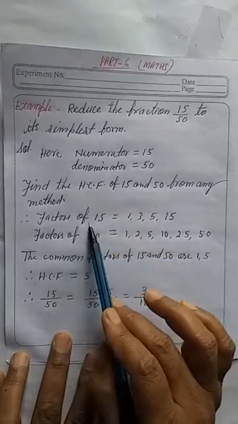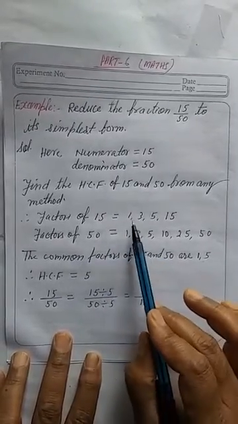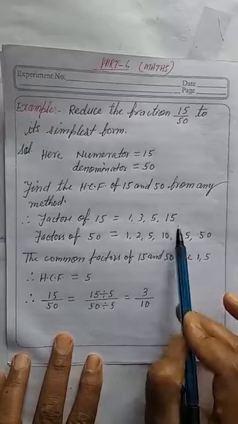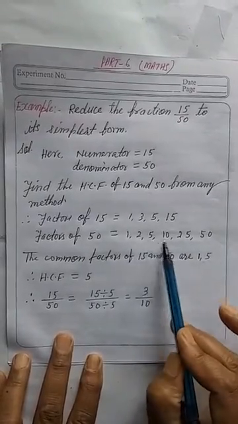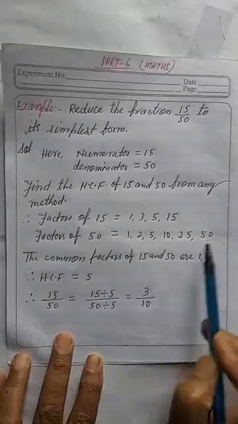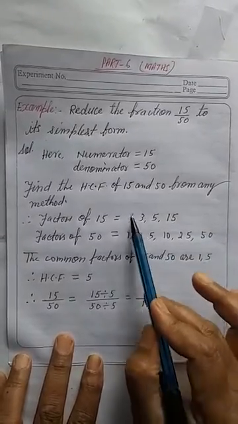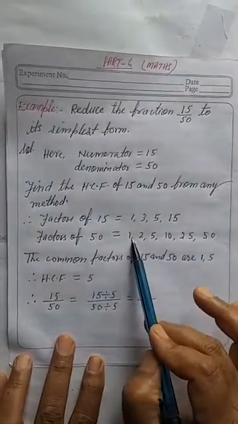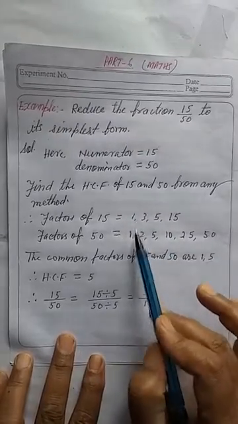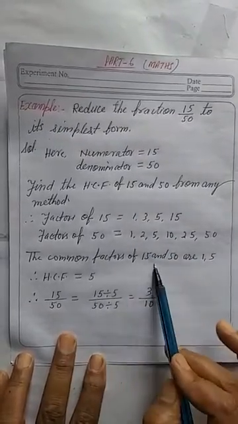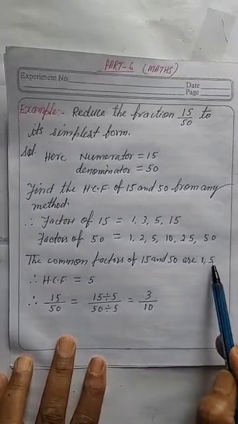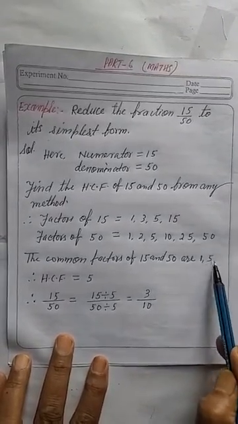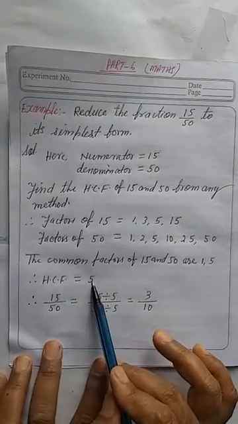So factors of 15 are what, students? 1, 3, 5 and 15. Can you say what the factors of 50 are? 1, 2, 5, 10, 25 and 50. Then what is common in both? 1 and 5 are common factors of 15 and 50. What is the highest of 1 and 5? 5 is the highest, so HCF is equal to 5.